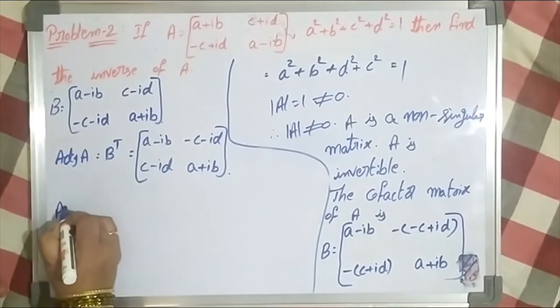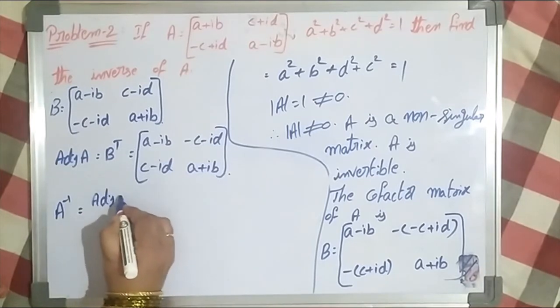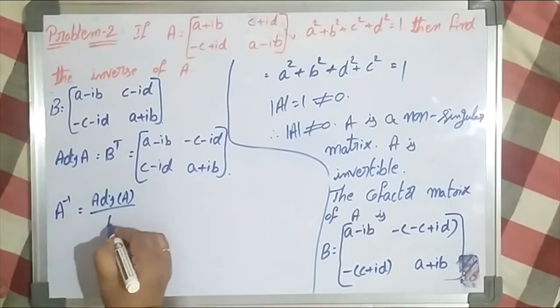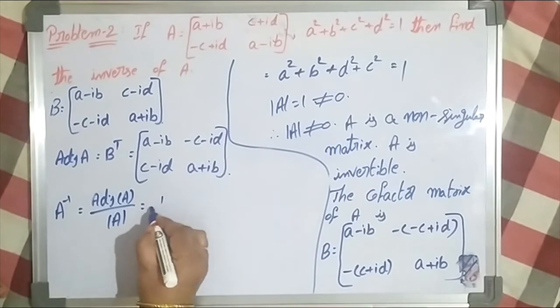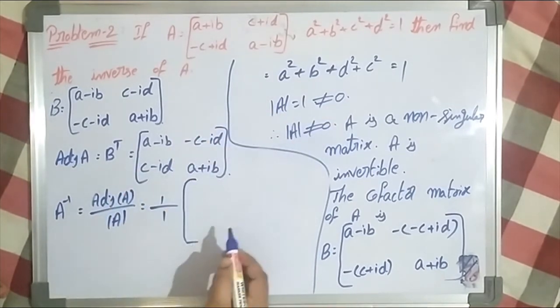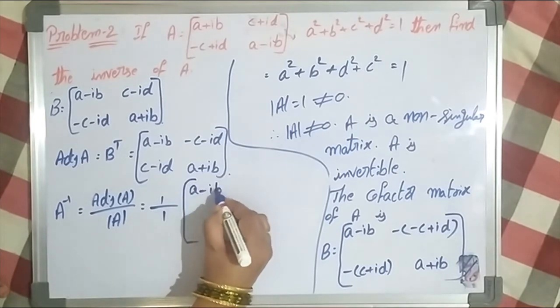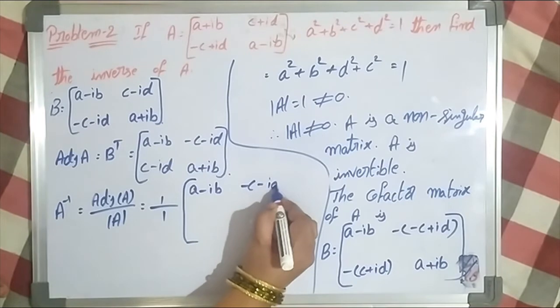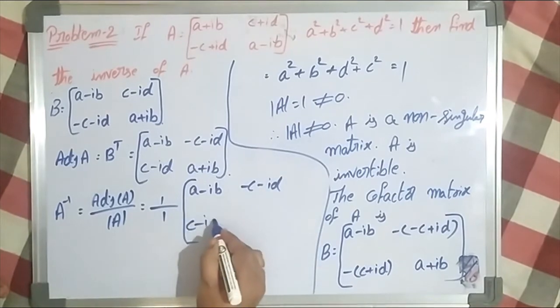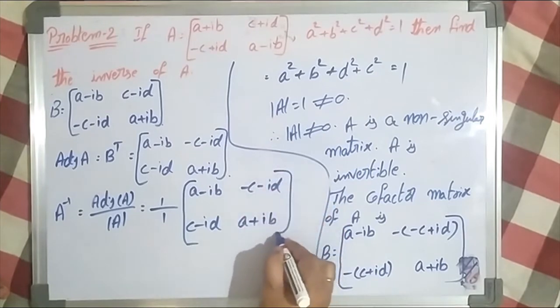Then we have to find A inverse. A inverse equals adjoint of A by det A. That equals 1 by det A, whose value is nothing but 1, into adjoint of A, which is [a minus ib, minus c minus id; c minus id, a plus ib].